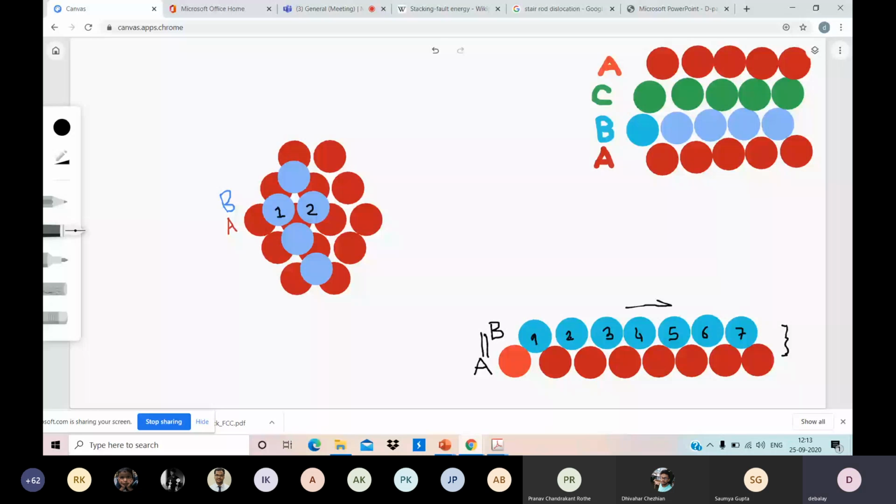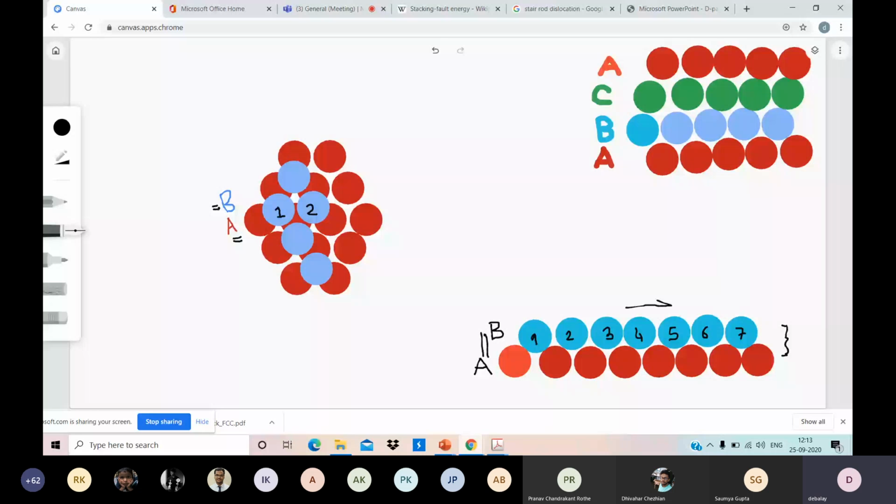Grooves. Absolutely right. So in this arrangement, the A layer is in red, and the B layer atoms are situated on a set of grooves.